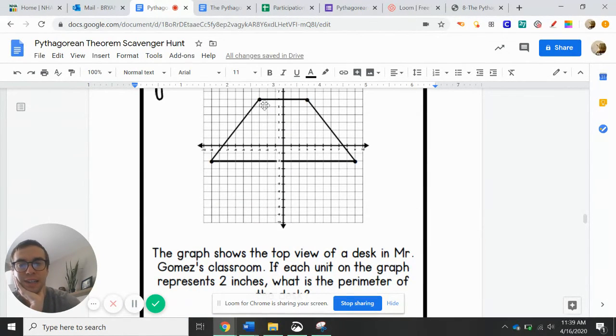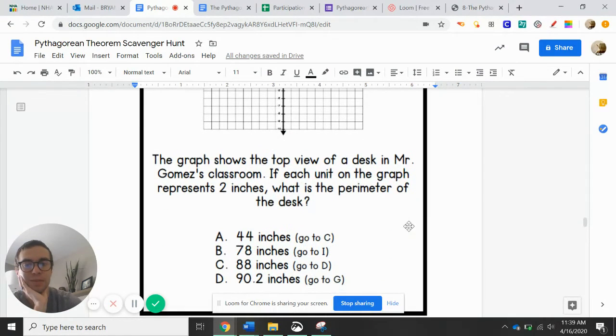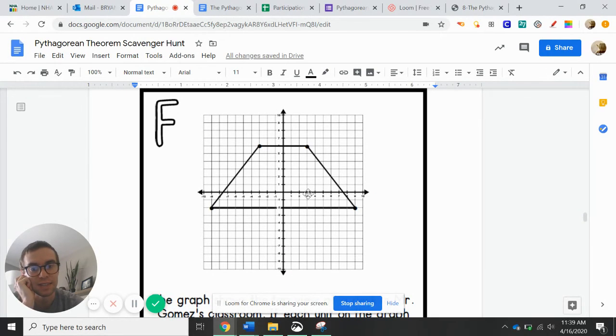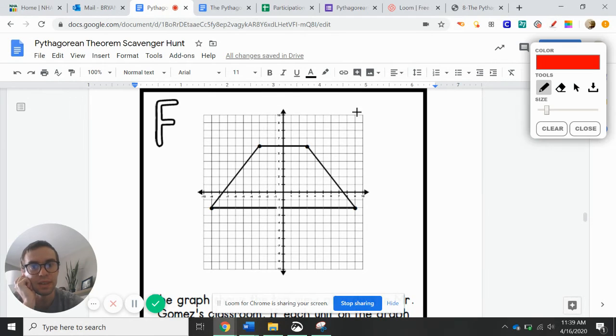Again, you're trying to create right triangles within each one of these problems. They want the perimeter of the desk, so I'd have to get these two side lengths by creating this triangle right here, where we have the two legs and then the hypotenuse.